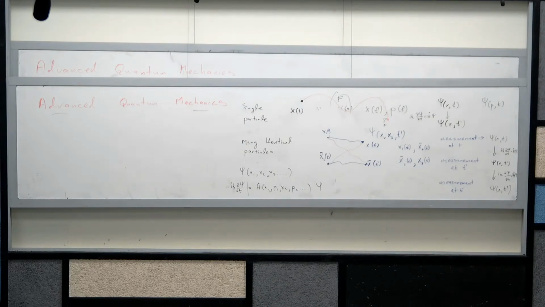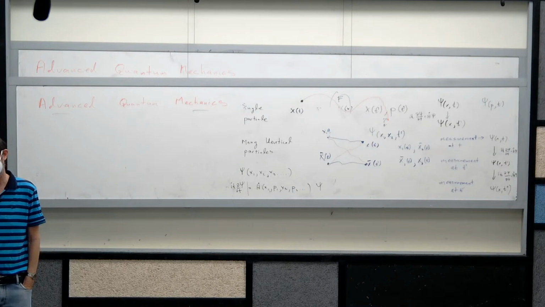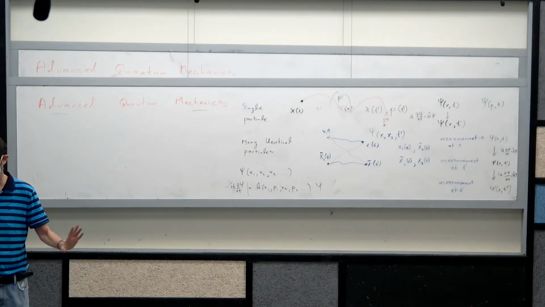There I don't have a way to escape the problem that if I add another particle, I have to come with another x, and if it disappears, I have to delete it. I don't know how to build such a theory.